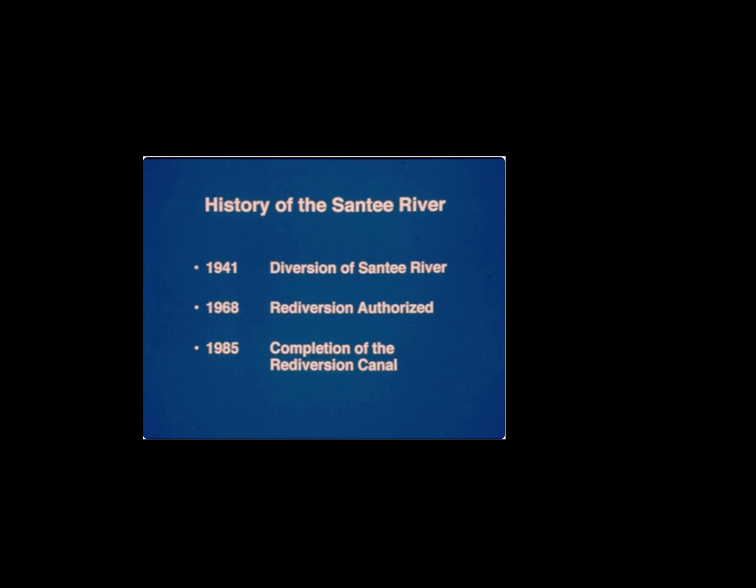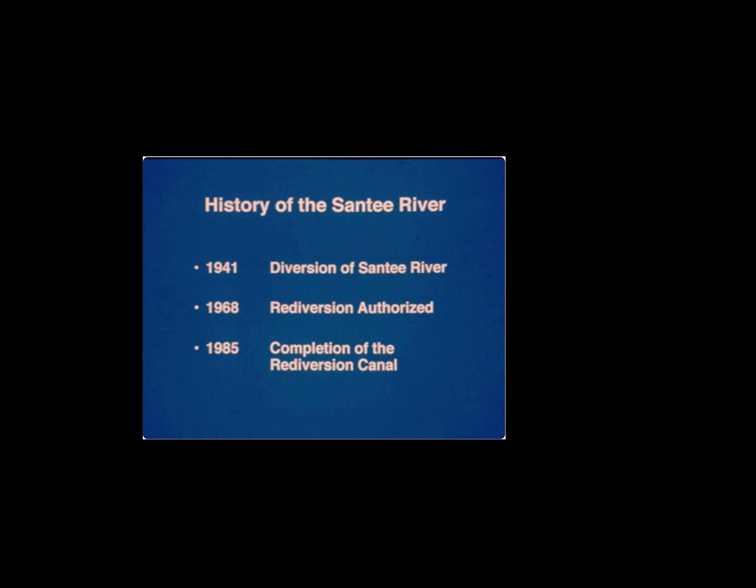So in 1968, the Army Corps of Engineers was authorized to re-divert the flow of the Cooper River back into the Santee. So the problem is that people got used to the flows in the river being what they were, and this ended up being a little bit problematic.